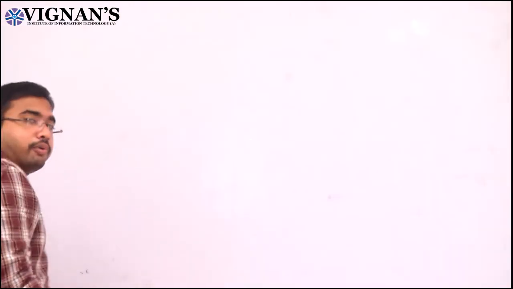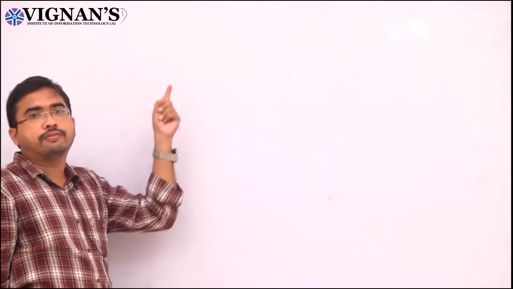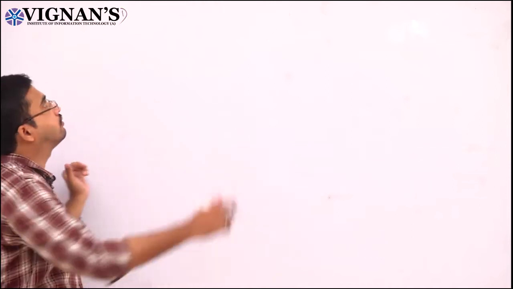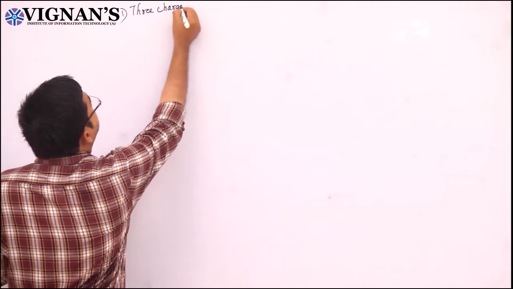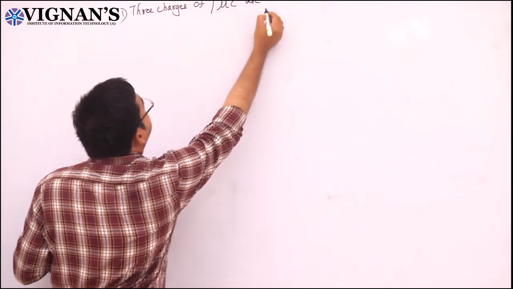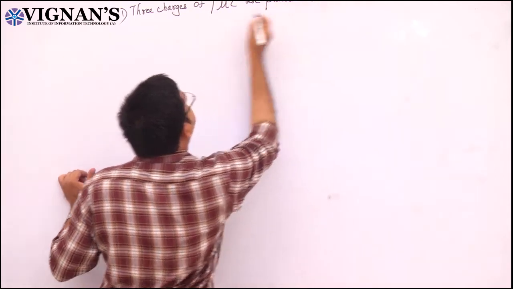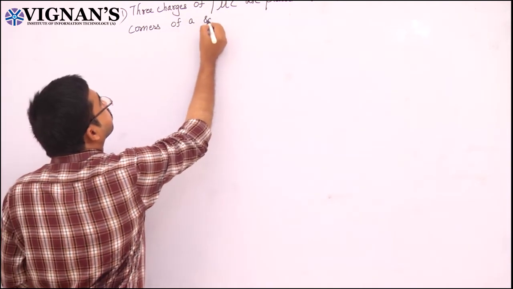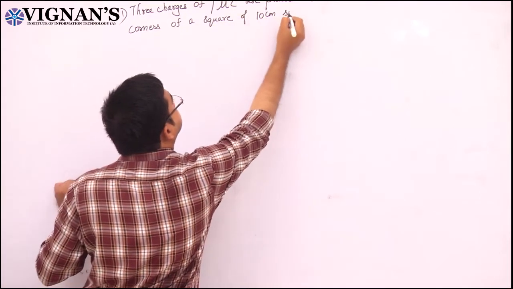So, this is also a very important model. Assume that 3 charges of 1 microcoulomb are placed at the corners of a square of 10 centimeters side.